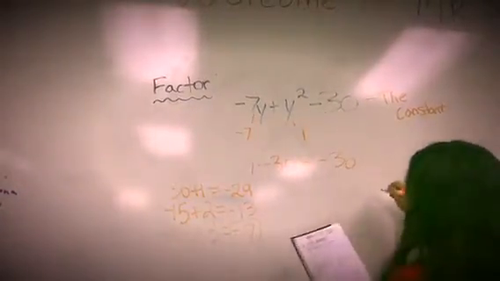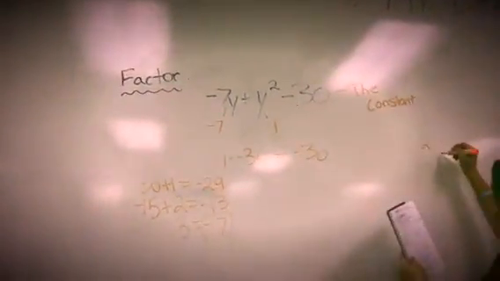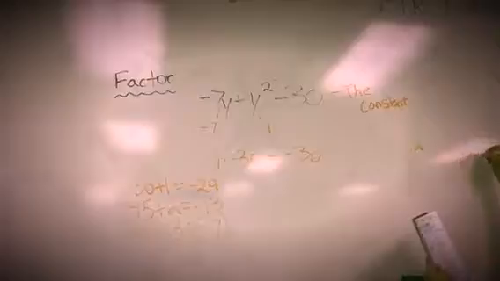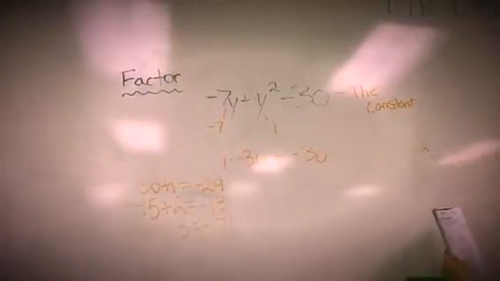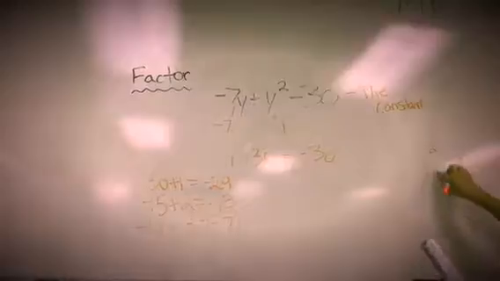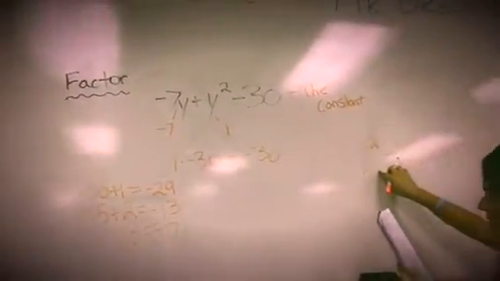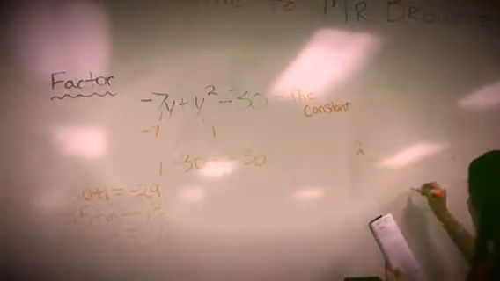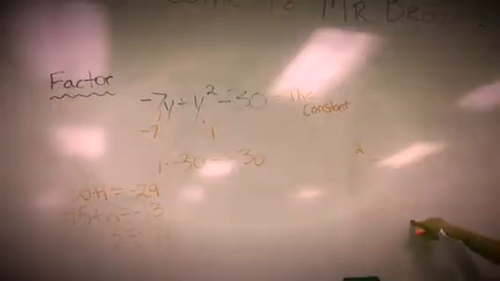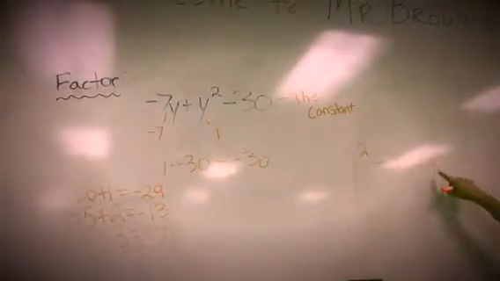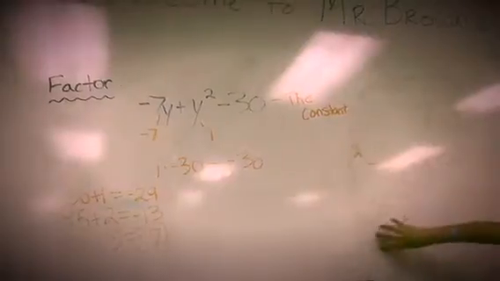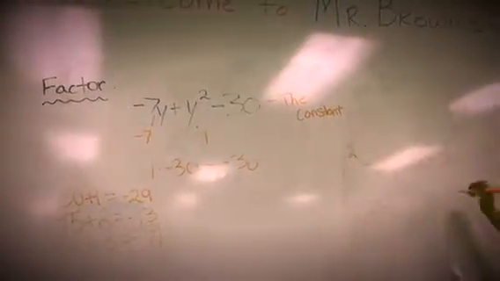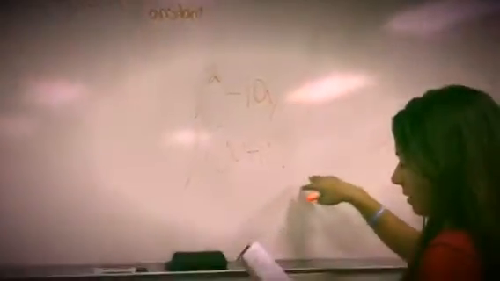Then we rewrite it again, which is y squared minus 10y plus 3y minus 30. And then you put this into parentheses, so it'll be y, parentheses y minus 10, and then you do the same thing with this one, so it would be 3, parentheses y minus 10.